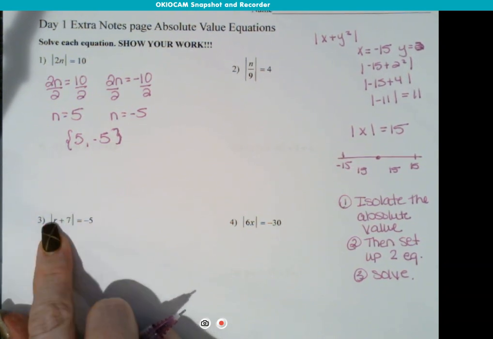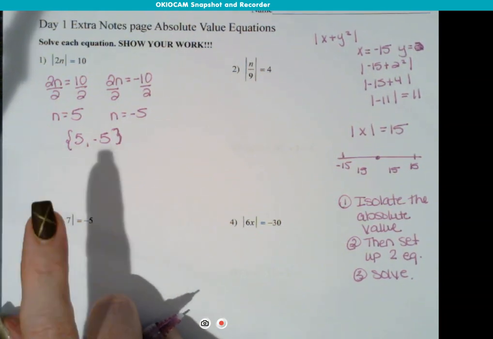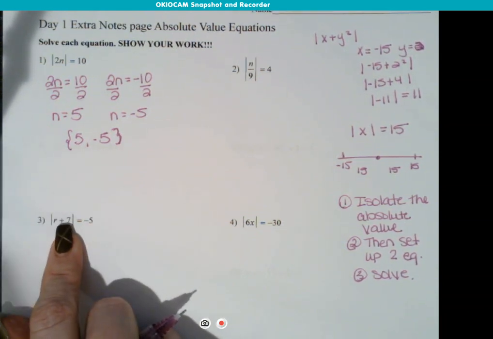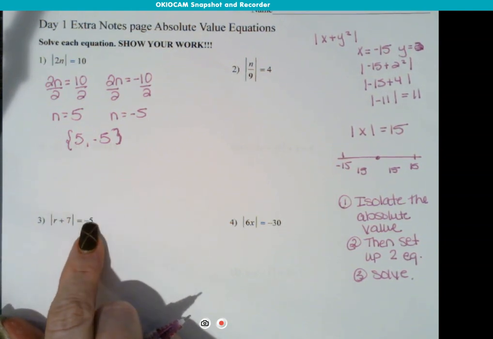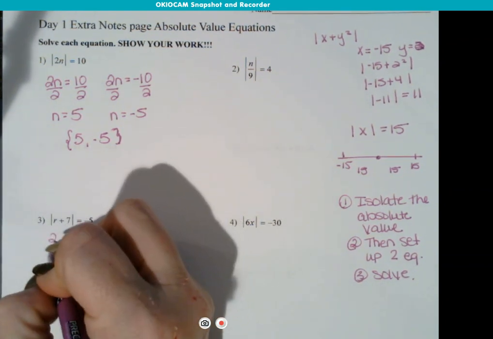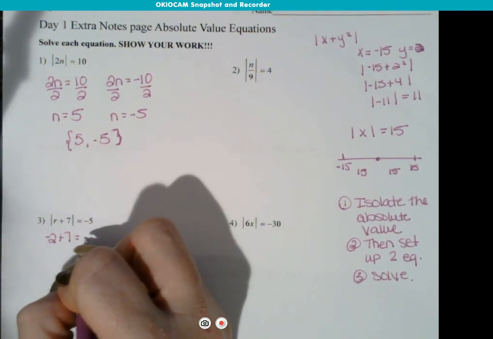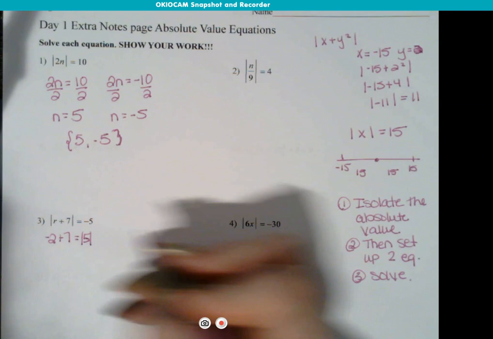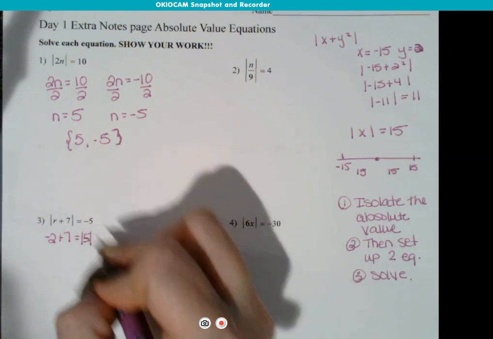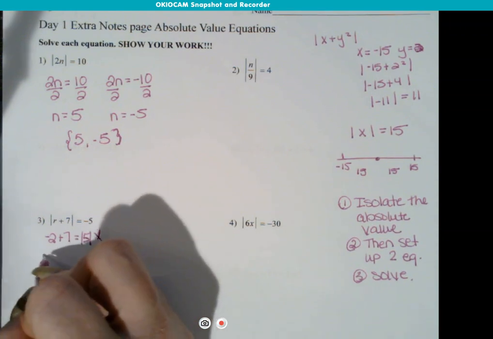We say, well, Ms. Rose, that's negative 2. All right, so negative 2 plus 7 is 5. What is the absolute value of 5? Positive 5, not negative 5. We say, well, then, Ms. Rose, it must be negative 12.